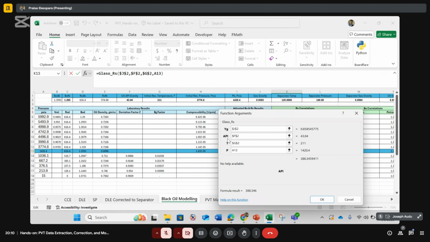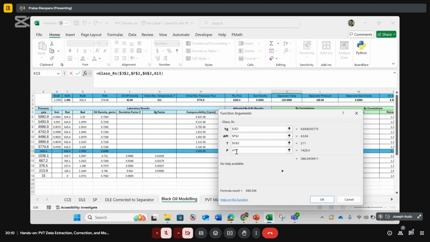API is a single point data, so that's why we locked it. The initial reservoir temperature is still a single point, so we need to lock it.